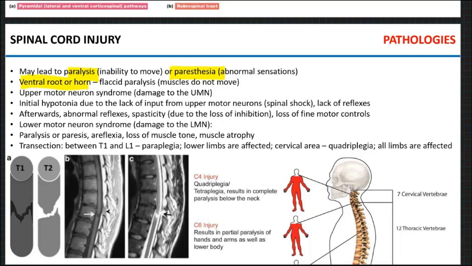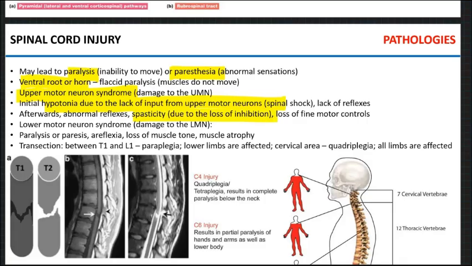Okay? Now, depending on the damage to a particular motor neuron, you can have 2 syndromes, upper and lower motor neuron syndrome. So UMN syndrome usually results in hypotonia, spinal shock, basically temporary paralysis. Okay? If it is not restored, and by restored I mean if your spine doesn't recover from the shock, you get spasticity, just like we talked about.